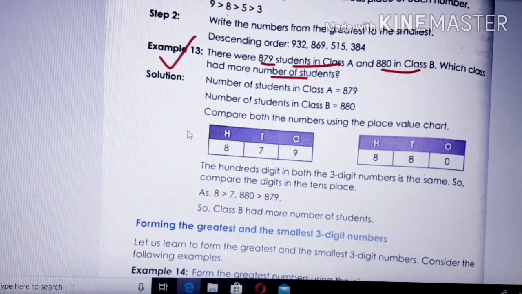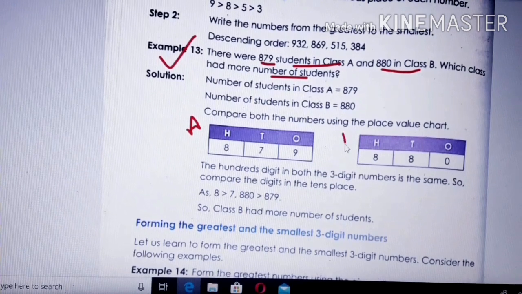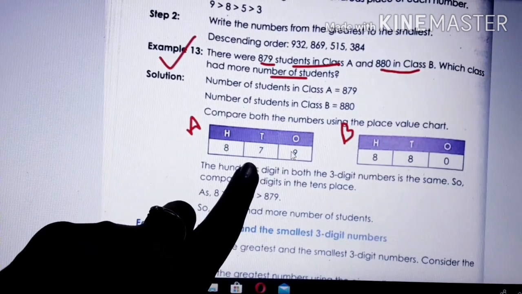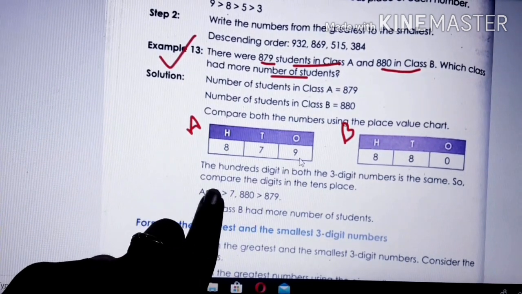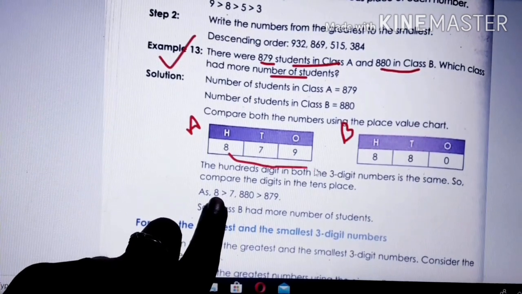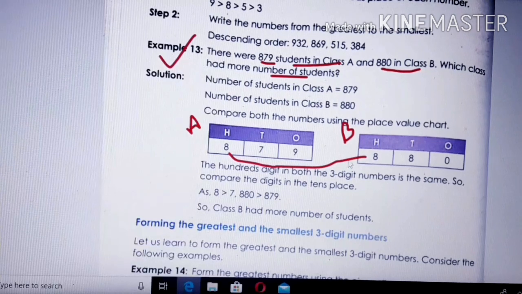So this is A's place value chart and this is B's place value chart. As the numbers are placed in the place value chart, now can you find out? First we compare the hundreds place, isn't it? Children, in the hundreds place both are 8, isn't it? And both are 3-digit numbers.